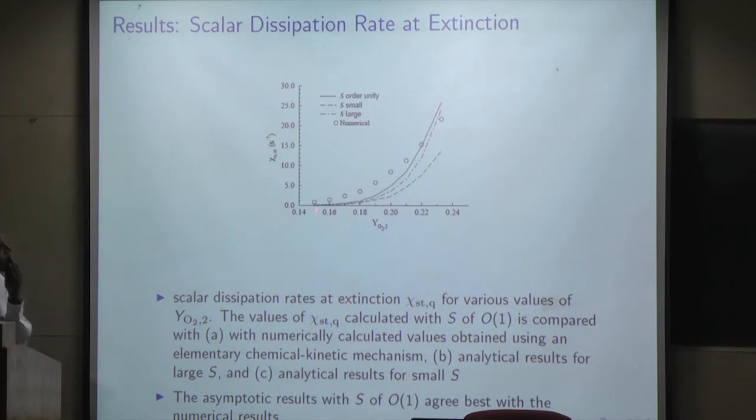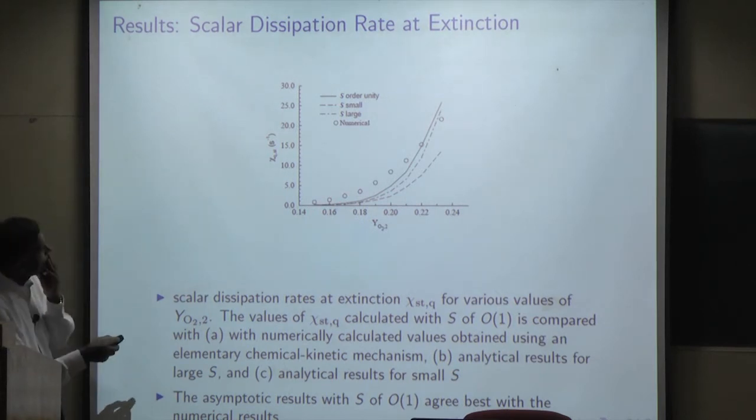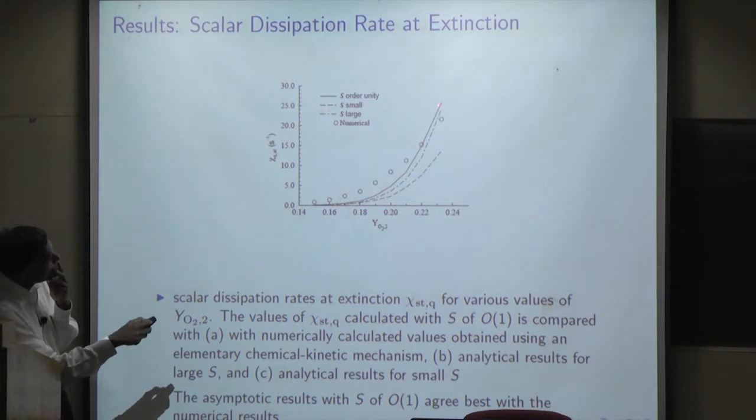So this is a final result. This is plotting the extinction strain rate or the scalar dissipation rate as a function of the mass fraction of oxygen. So these points, the dots, are numerical points for detailed numerical calculations using detailed chemistry. And you can see that this line here, with S of order unity, is the asymptotic result.